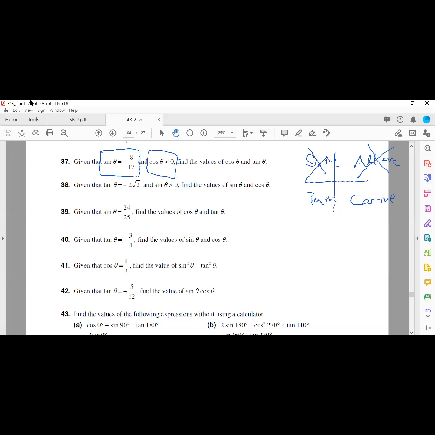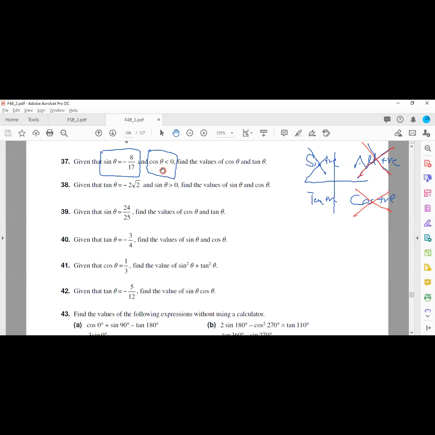Now, when we read this, cosine theta is less than 0, which means that cosine theta is negative. Cosine theta should not be positive, so it should not be in box 1, because if it is in box 1, all of them will be positive.